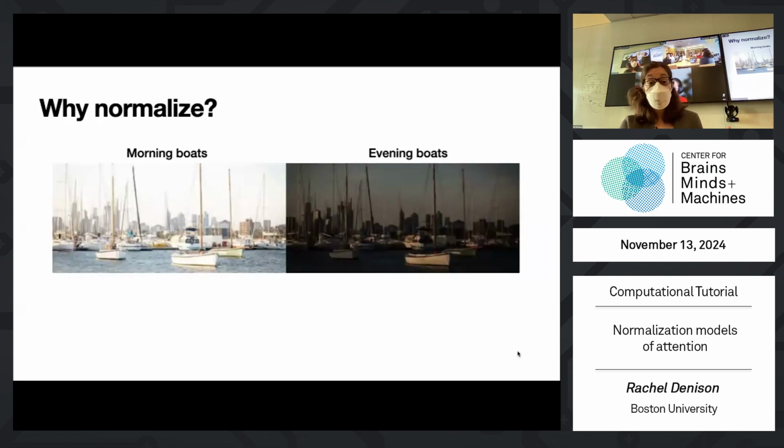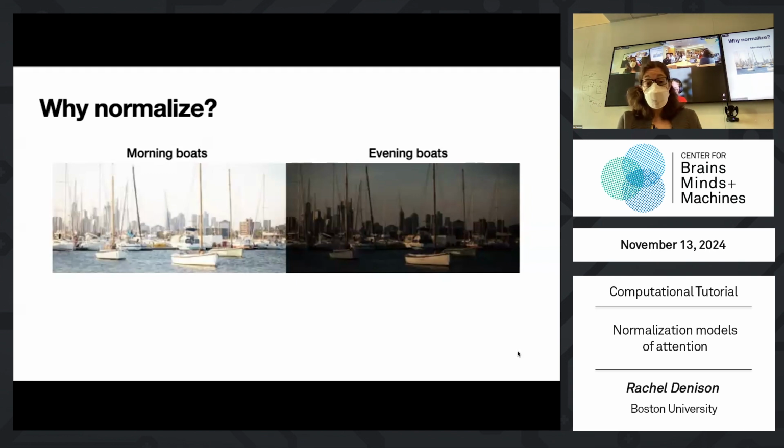Let's say you go to the harbor in the morning and look out, and you notice, oh, there are boats. How nice. You can do that in this bright daytime view. But you can also do the same thing in the evening. You can go out to the harbor, look out at the scene, and be like, boats.